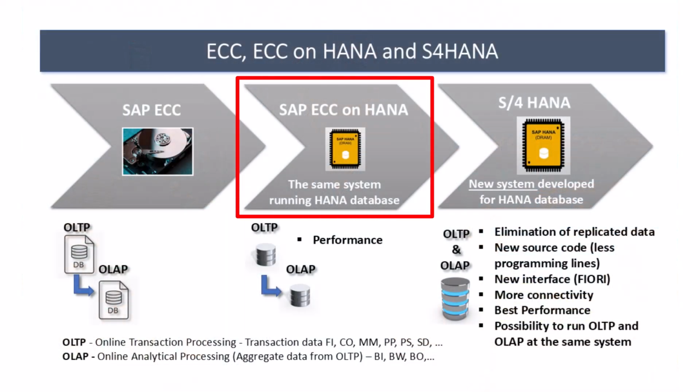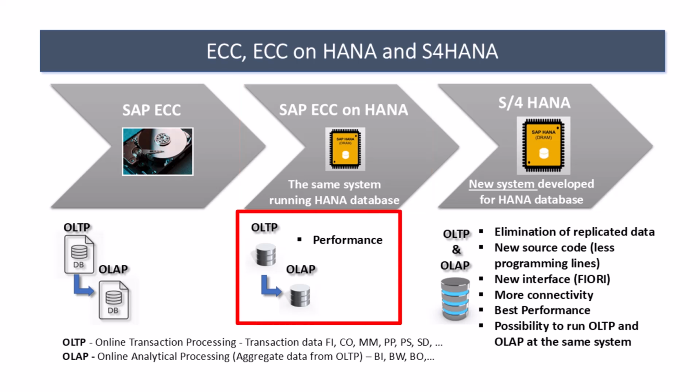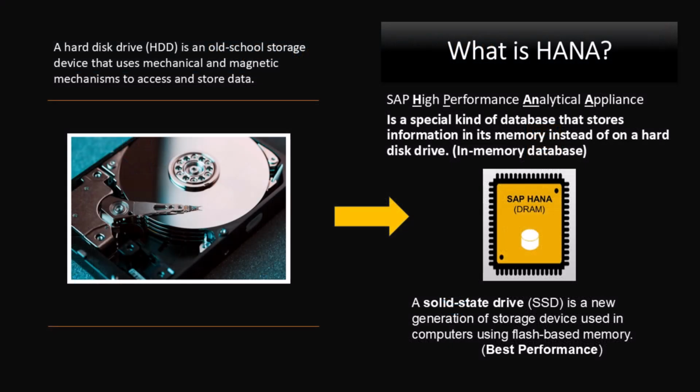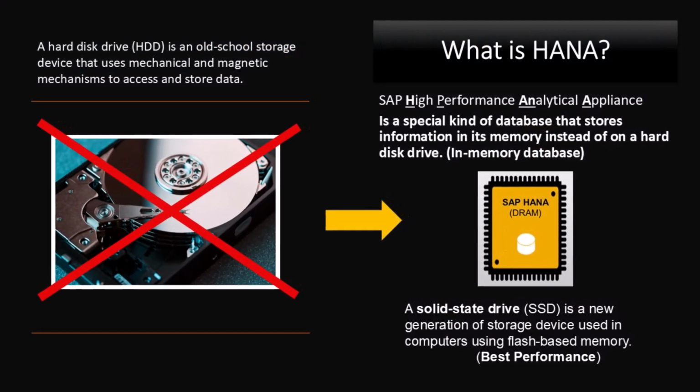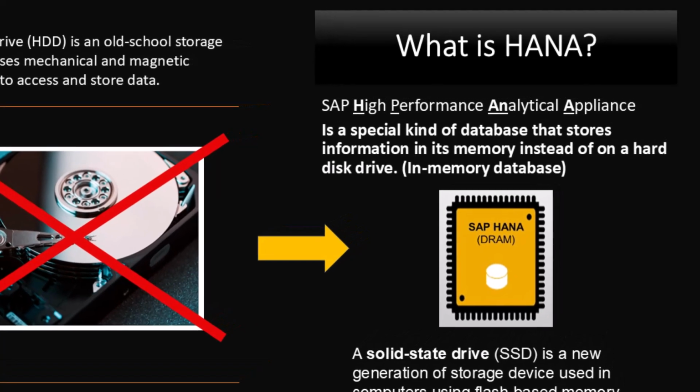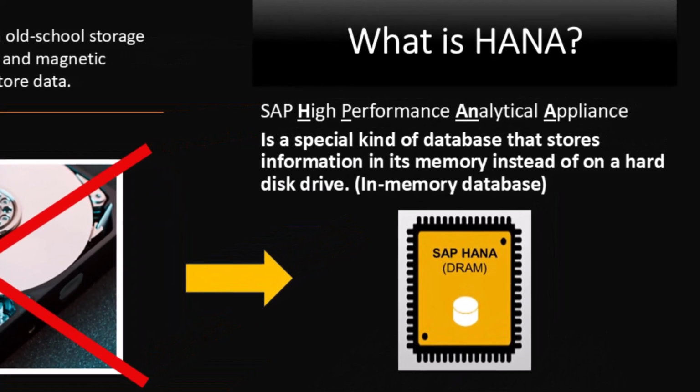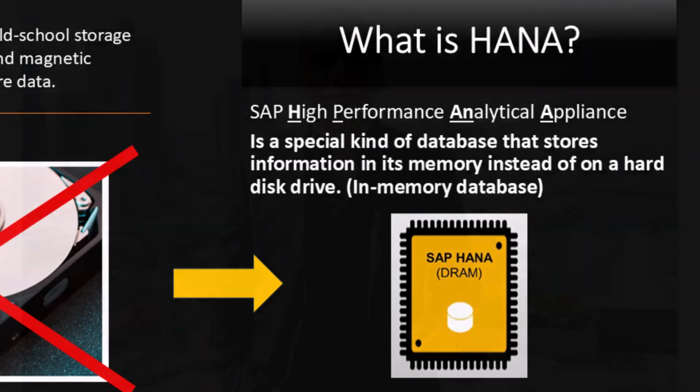Recognizing the need for modernization, SAP introduced SAP ECC on HANA. The system remained the same, but it now ran on SAP HANA, an in-memory database. Instead of relying on physical hard drives, SAP HANA stored and processed data directly in RAM, significantly improving performance. However, because the table structure of ECC remained unchanged, some limitations still existed.